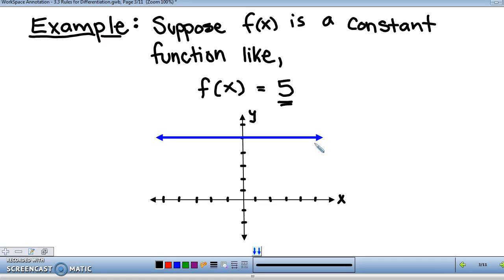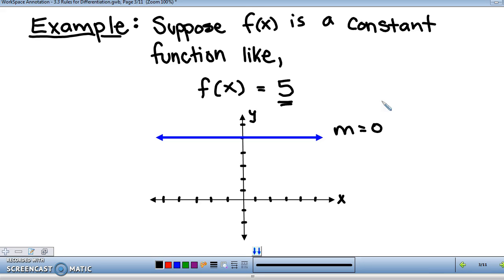Okay, and in your previous math class, you learned that the slope of a horizontal line is 0. And we put the two concepts, the slope and the derivative, into play.